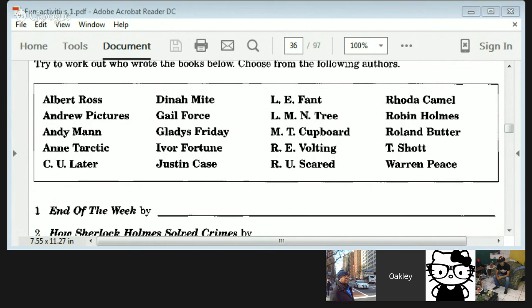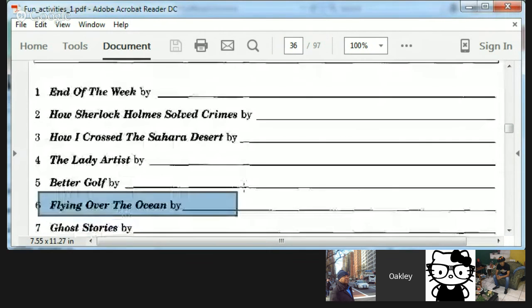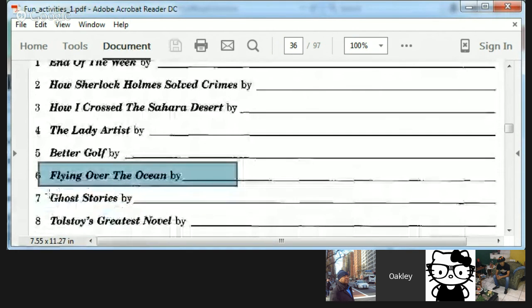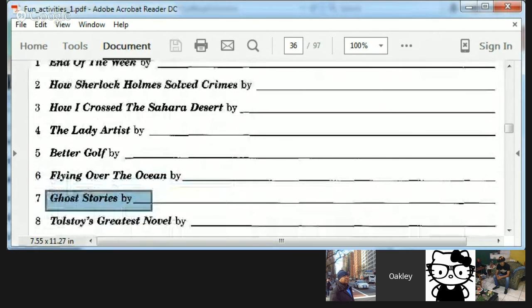Okay, it's a bird. A giant bird that basically only goes on land to lay its eggs. Otherwise, it's always flying over the ocean. Right. That's it. Albert Ross. That's a hard one. Okay.